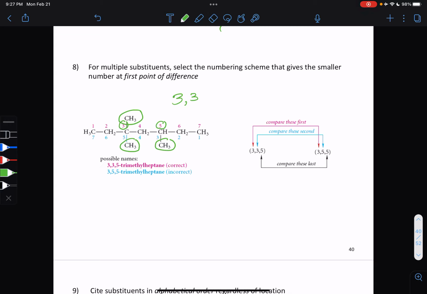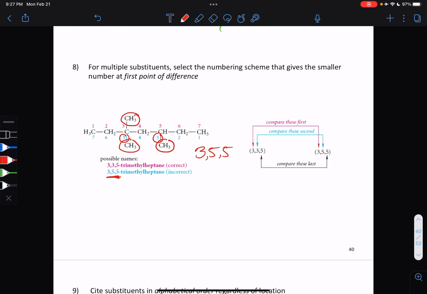If we were to number it in the right to left direction, which is on the bottom in the blue, what we would see is that we have a methyl on carbon number 5 and a second methyl on carbon 5, and we have a methyl on carbon 3. So we would have 3, 5, 5 at the beginning of the name right there.